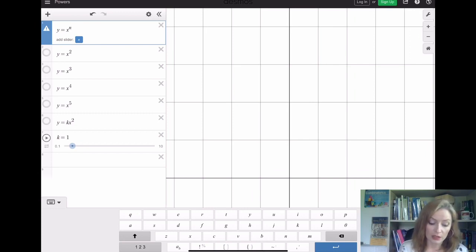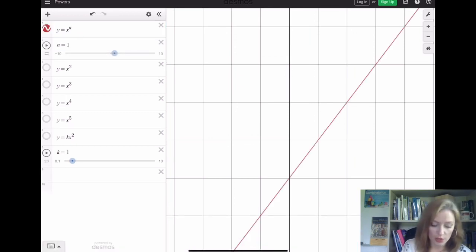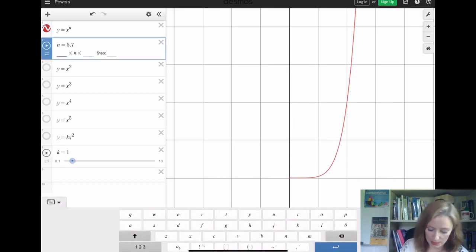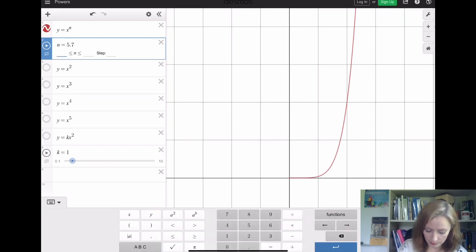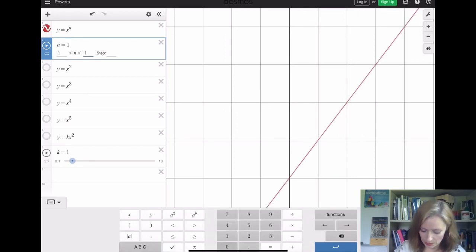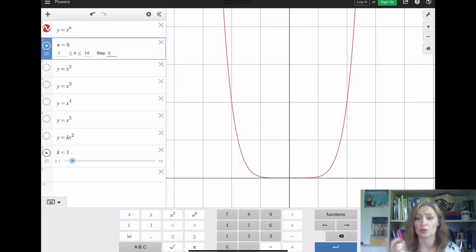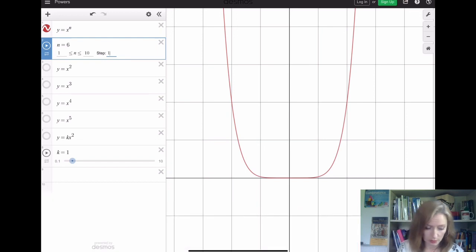And the calculator itself will offer, notice on the left side here, to add a slider for n, which I will agree to, and it will give me a way to draw for different values of n, all at the same time as a little animation. Here I can pick, let's say I want n to be from 1 to 10, and I would like step size 1 so that it only goes through the integers 1, 2, 3, and so on.